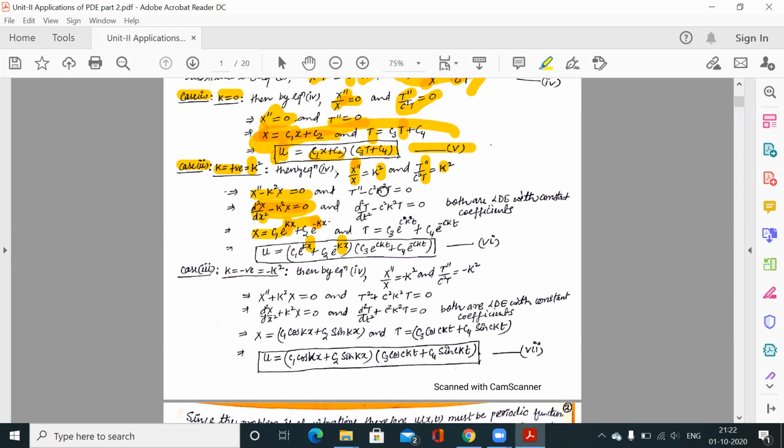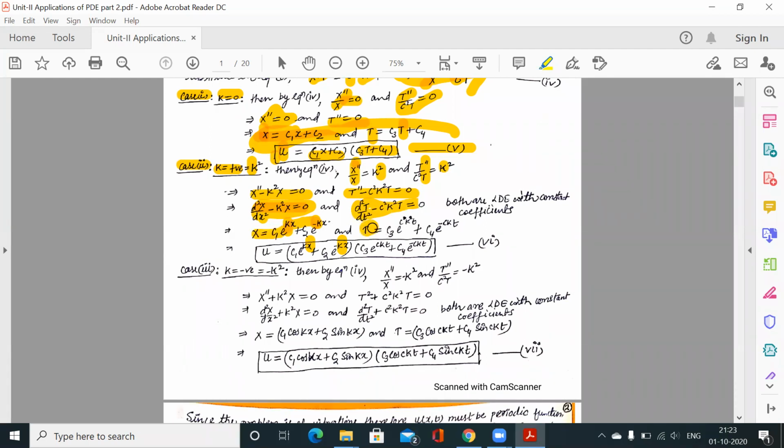And similarly here, this is t double dash minus c square k square t is equal to 0. This is again a linear differential equation with constant coefficients. So first we get the auxiliary equation m square minus c square k square is equal to 0. So roots would be plus minus ck. Clear? So roots are plus ck and minus ck.